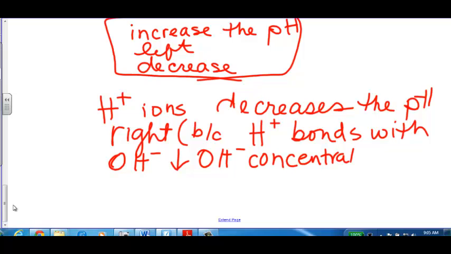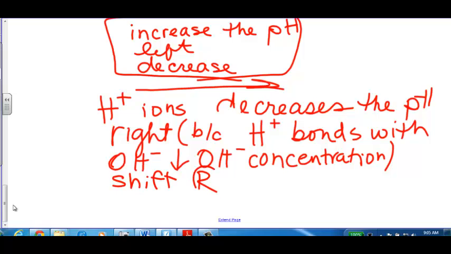So if you decrease the OH minus concentration, the reaction will shift to the right, which will increase Mg(OH)2's solubility.